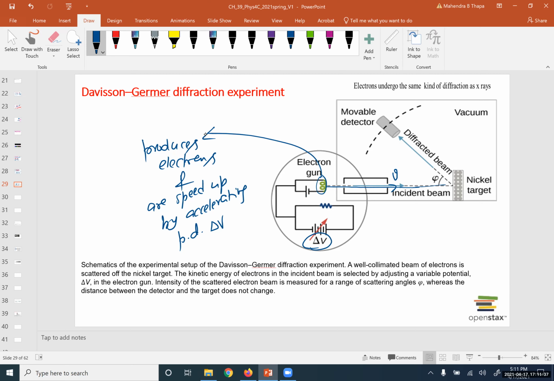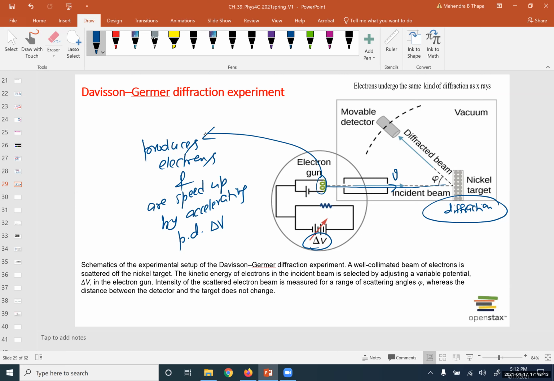Diffraction happens at this point. Electrons scatter in different ways, but at a particular value of angle we can observe this diffraction phenomenon. So let's do some math.